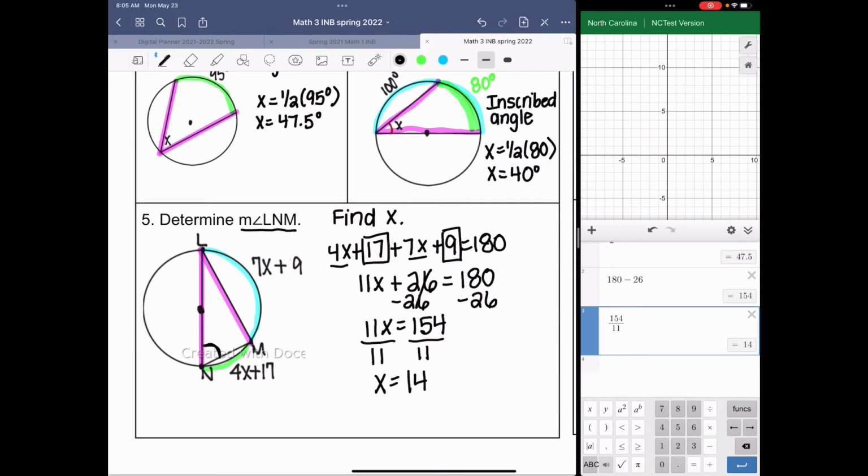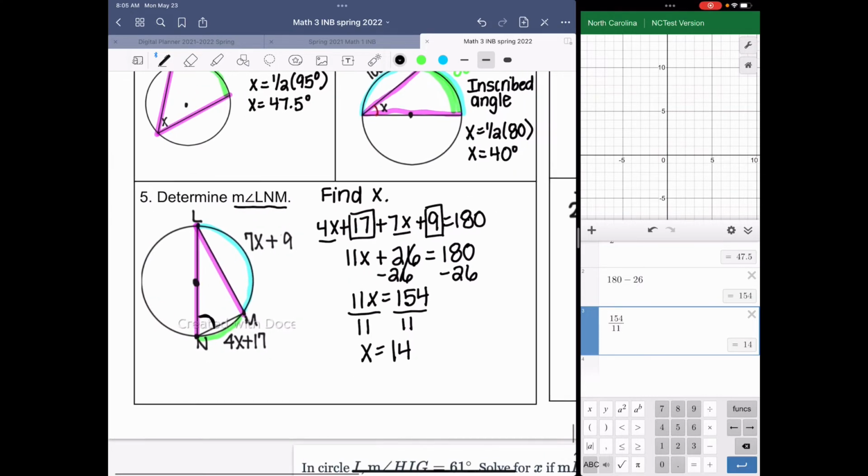But now that we know that x equals 14, we've got to find the measurement of angle LNM. All right, so how can I find that? Well, I know that I have an inscribed angle. So remember, the angle that we're looking for right here is going to be half of this measurement.